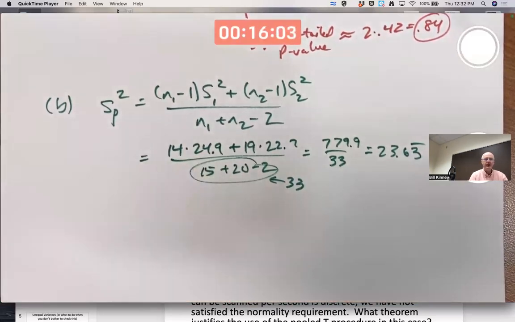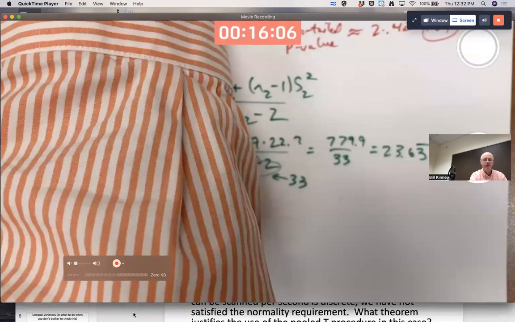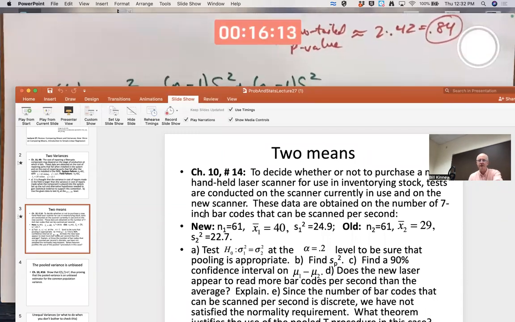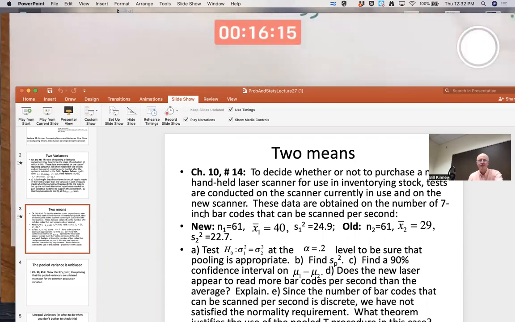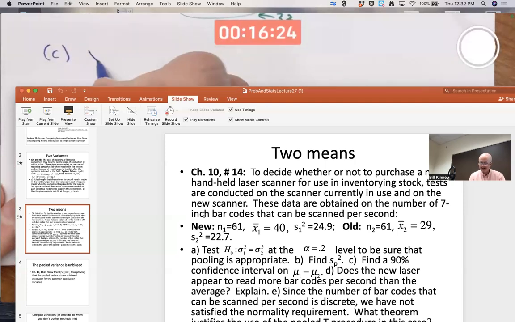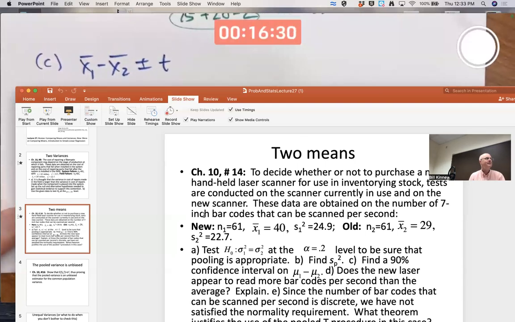And that's what we use now to compute the confidence interval to estimate the difference between mu1 and mu2, which is what part C is about. You can see it says find a 90% confidence interval on mu1 minus mu2. The formula is x1 bar minus x2 bar plus or minus t, right?